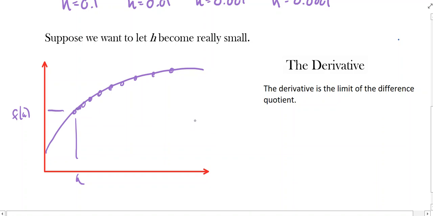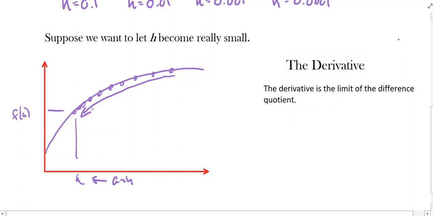The question is, how close can the second point get to the first point? How close can A plus H get to A? And the answer is it can get infinitely close to A. So we can bring this second point infinitely close to our first point.